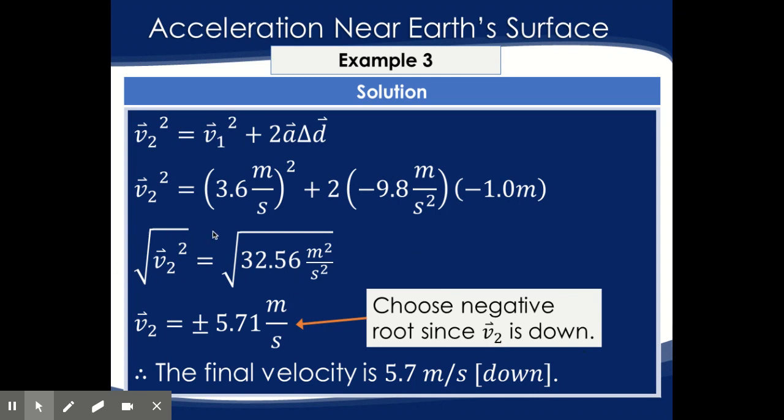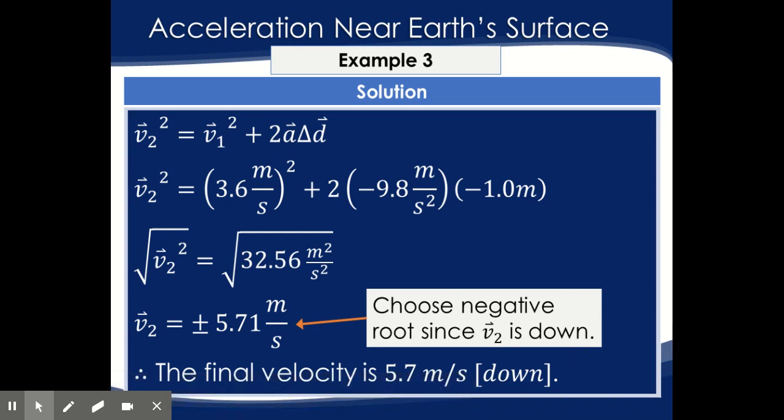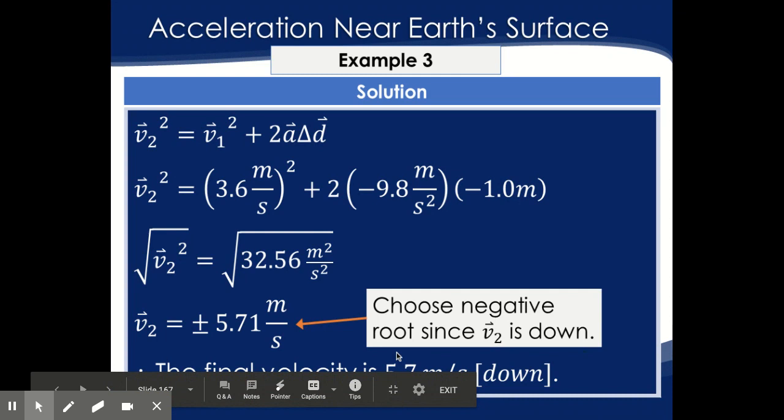So when you do this, you're going to end up with a plus or minus. Since the velocity is downward, you would choose the negative root. Even if you don't write that down, you know that the velocity should be downward because it's falling. So you toss the ball out of your hand, it goes up, and then it falls down past your hand and hits the ground. So the final velocity is going to be 5.7 meters per second down.